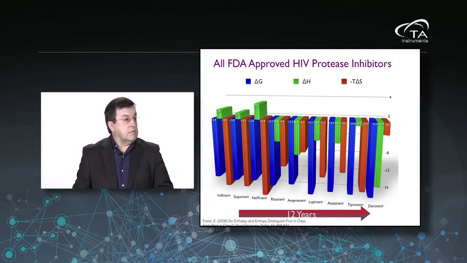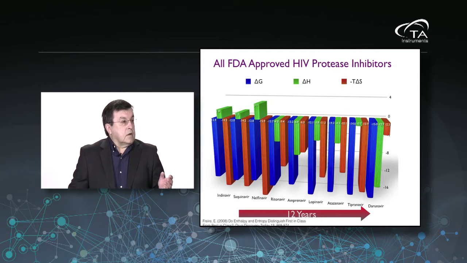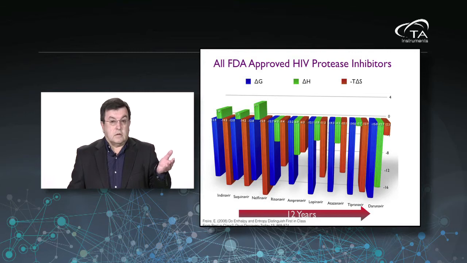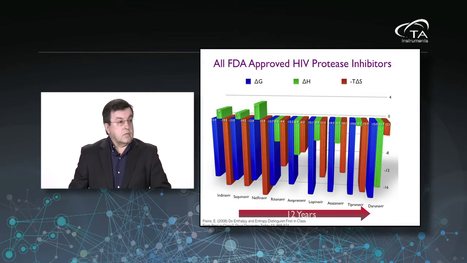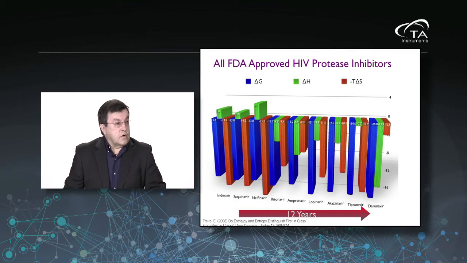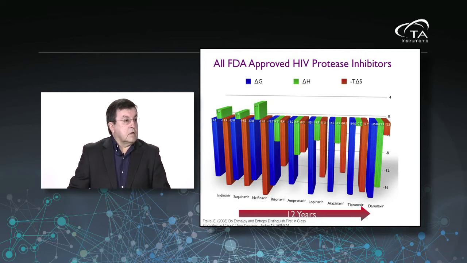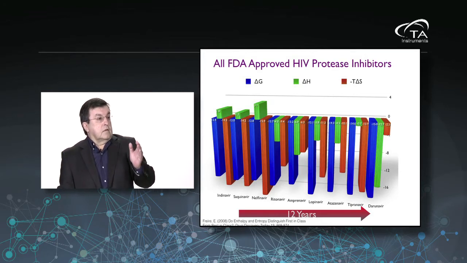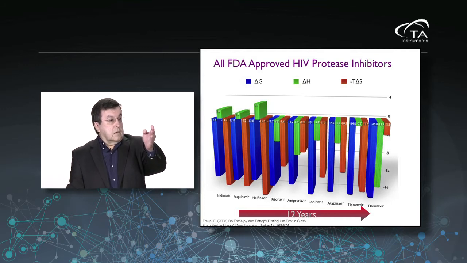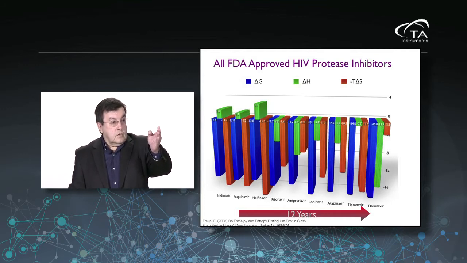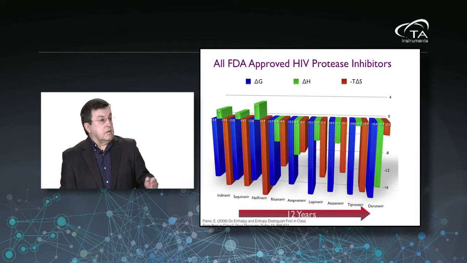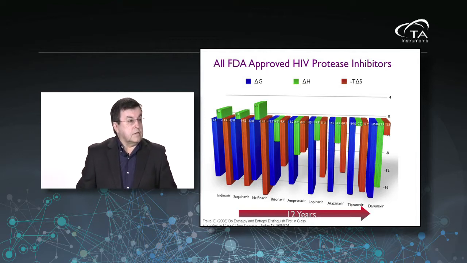The very first inhibitors had not only enthalpies that were not contributing to binding, they were positive, meaning they were opposed to binding. Whereas darunavir, the latest one to be approved, is strongly enthalpic, and the entropy contribution, while positive, is much less. So what are the differences? The differences are that the newest compounds have much higher affinities, from nanomolar to picomolar range.